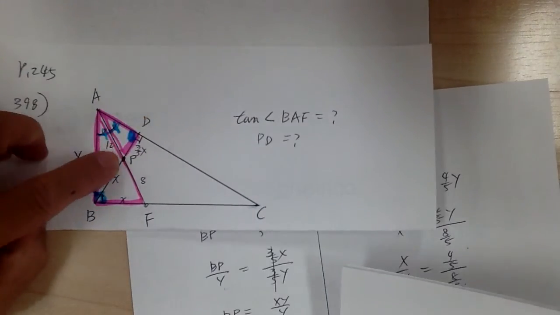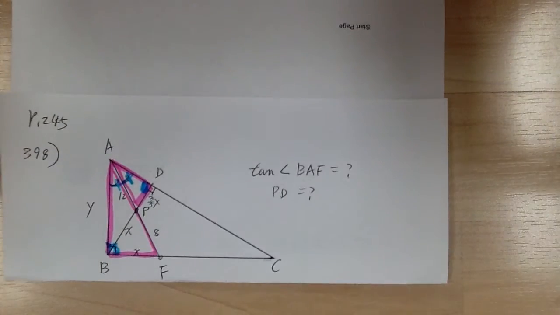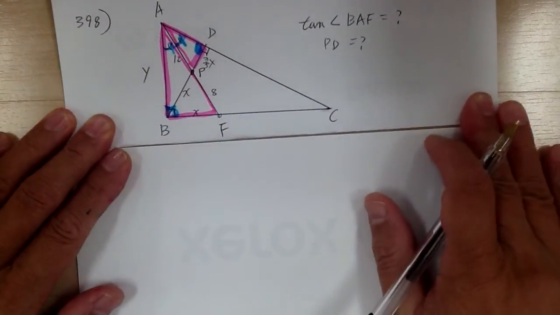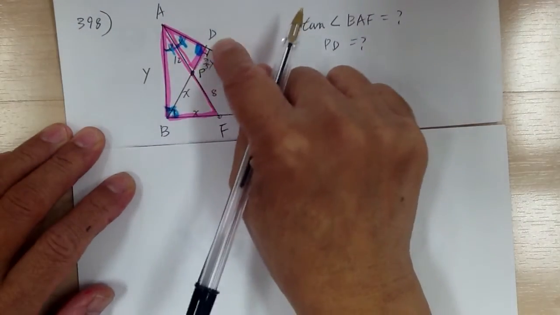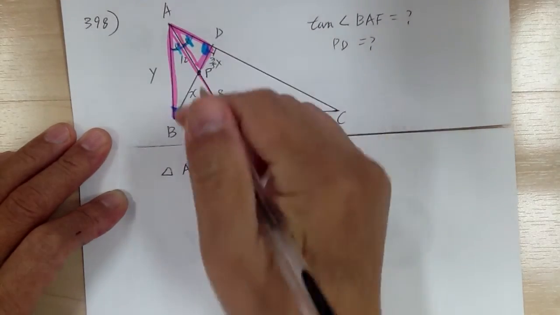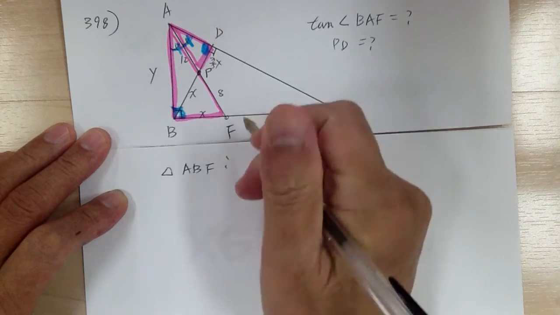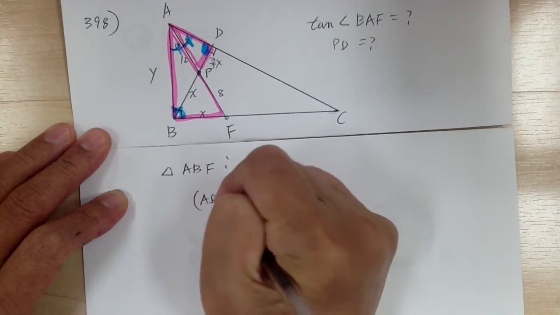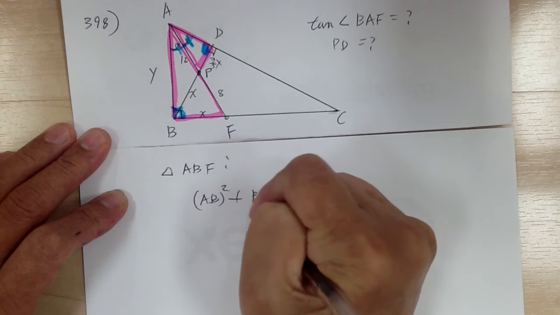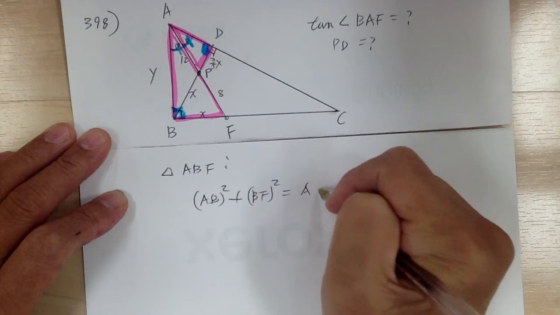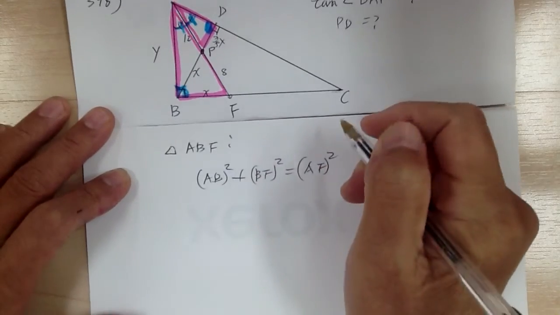Okay, so we're looking for this over here. To look for PD, we look at triangle ABF and apply the Pythagorean Theorem. So we've got AB squared plus BF squared equal to AF squared.